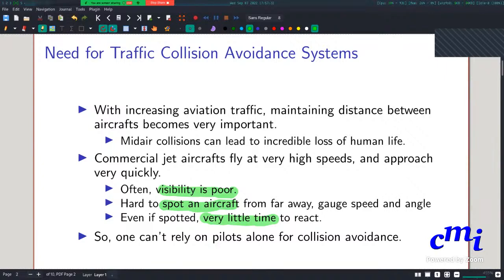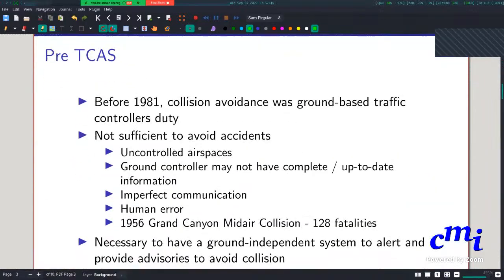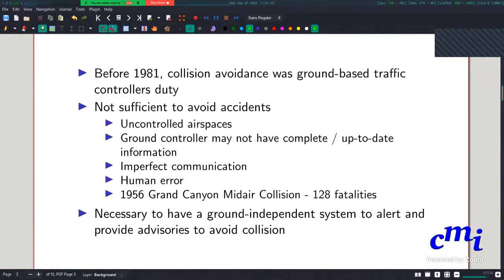There are some situations even in modern aviation where this is still the case, but with commercial aviation, we no longer rely only on pilots for collision avoidance. This has not been the case since World War II. So we need some sort of external agency to take this load off pilots. Of course, the first thing people tried was ground-based traffic controllers. We still use them, but we don't use them exclusively anymore.